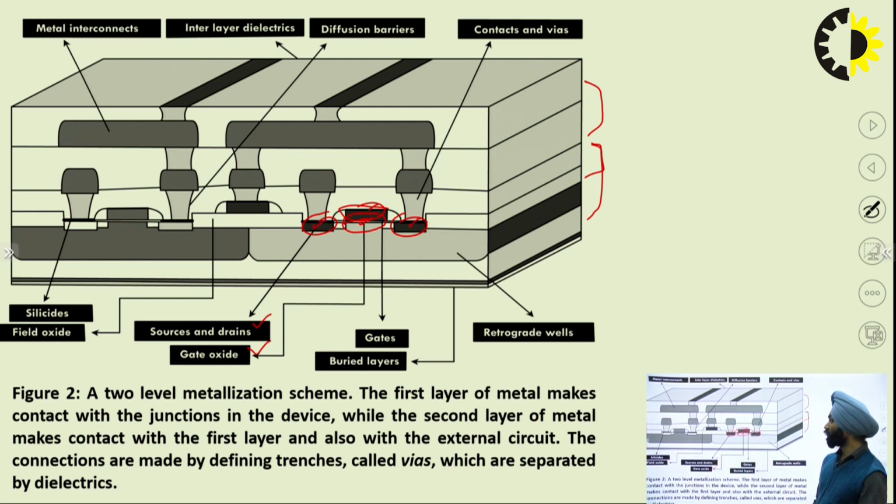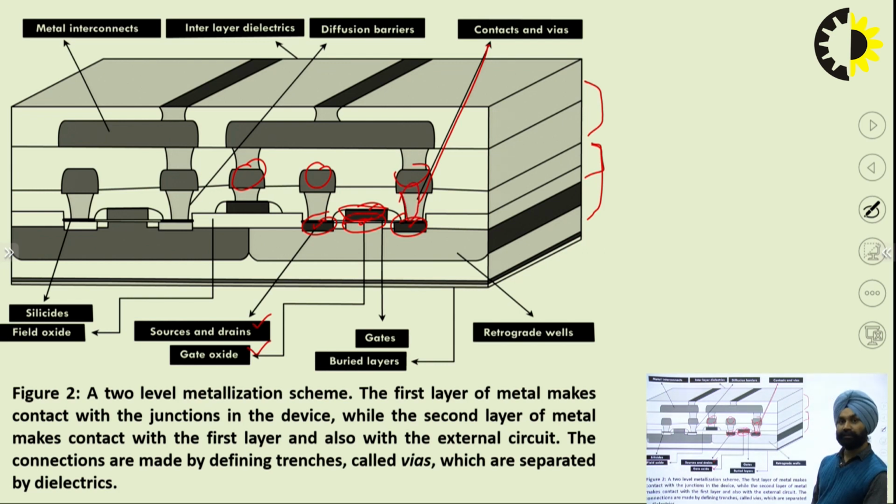Now when this is to be connected with the other material, we have to create contacts. For example, this is again a drain, source and the gate, and when we have to connect these different MOSFETs, we have to use metal contacts. So these are the metal contacts in between these two layers.